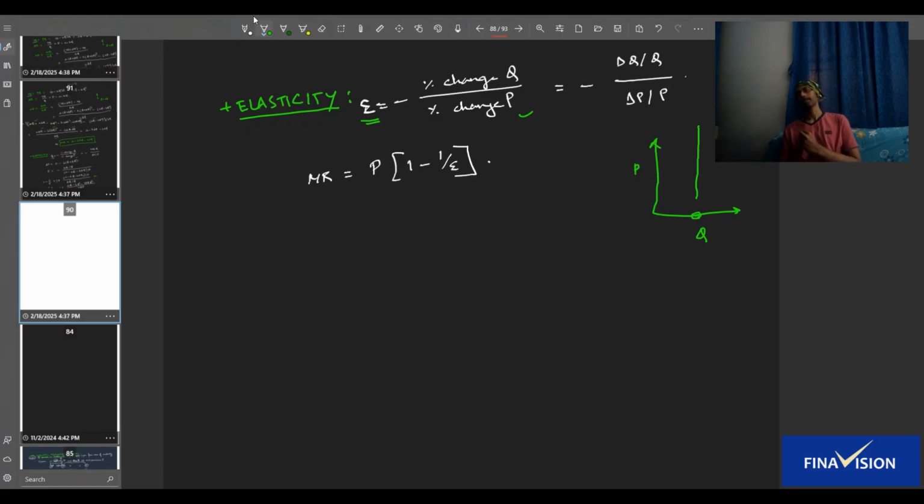The quantity remains fixed. This can happen in case of essential goods, especially monopolistic and essential goods like fuel, like certain medicinal products, etc. So this vertical thing can be there. Even if price increases, change in quantity does not happen, or does not happen that much. So this is an inelastic product per se.